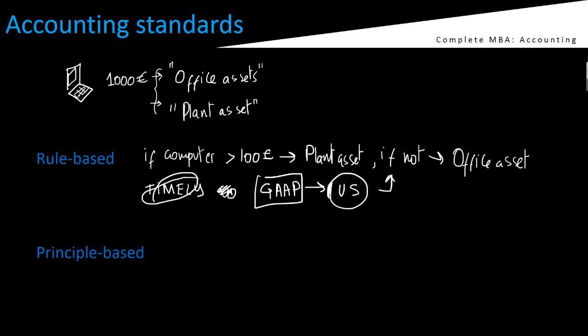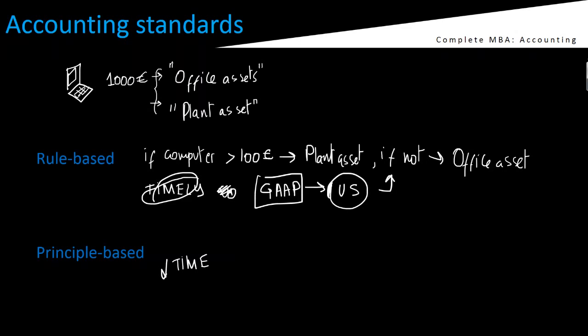In the principle-based, accounting is done following a set of principles that more or less leave to the accountant's judgment where each transaction should go into the financial statements. Of course, this can be more easily manipulated, but it requires less time, which is very important when you want efficiency in a company. This is the reason why most other nations use principle-based.